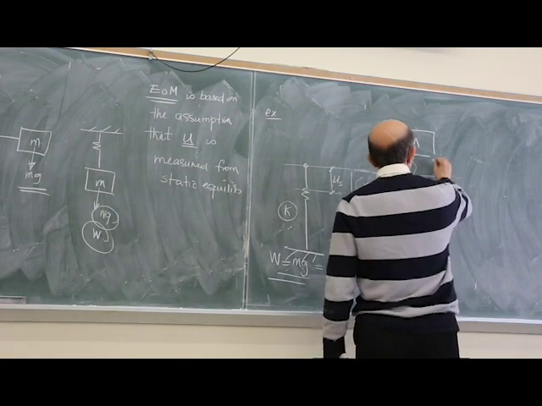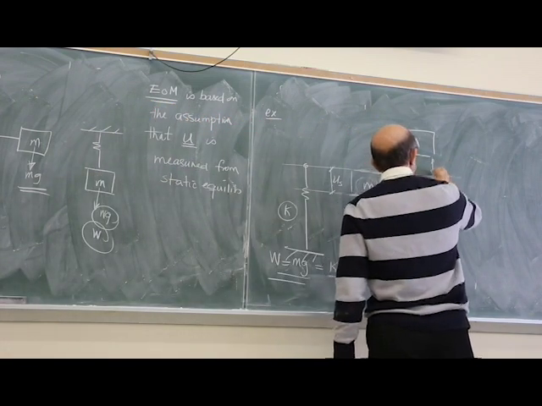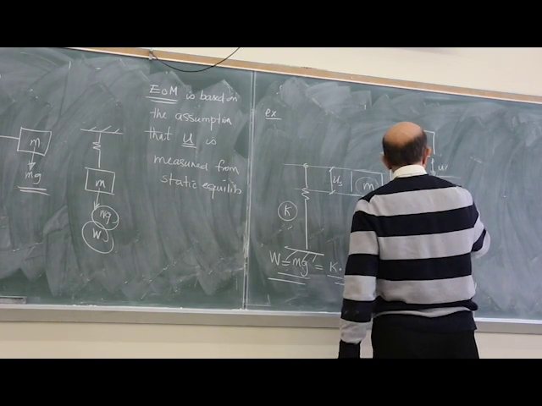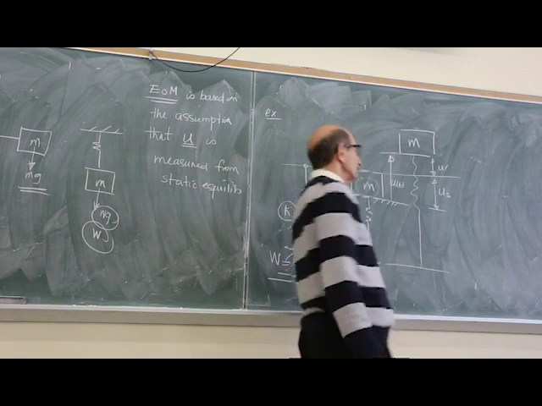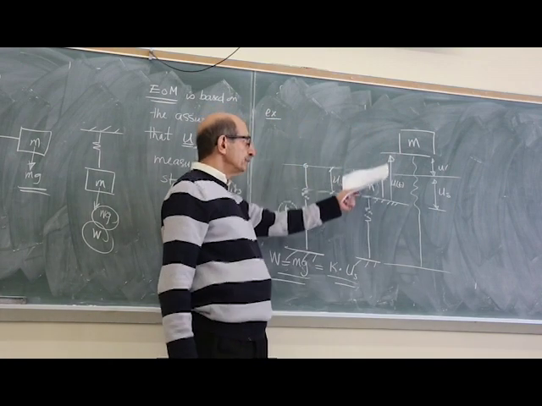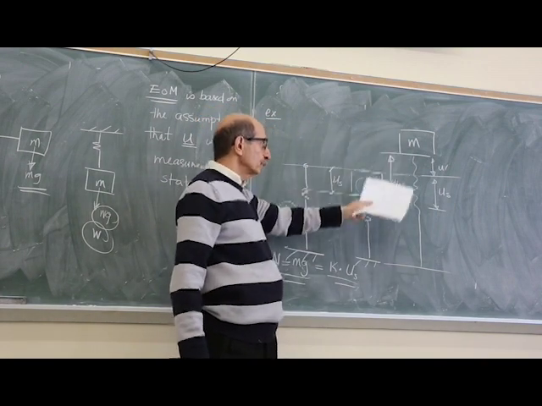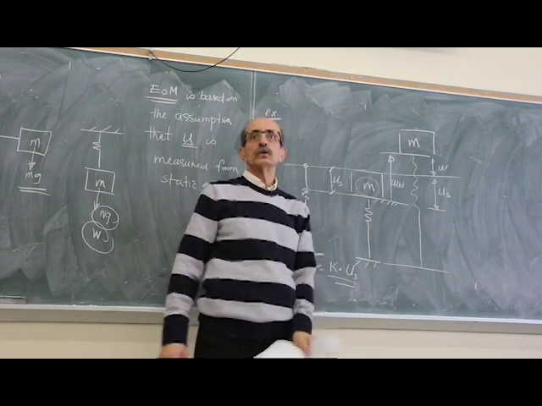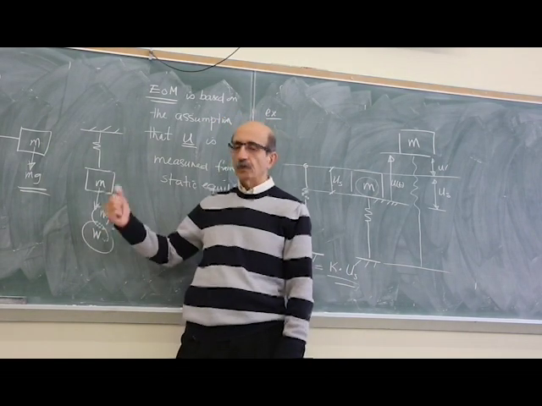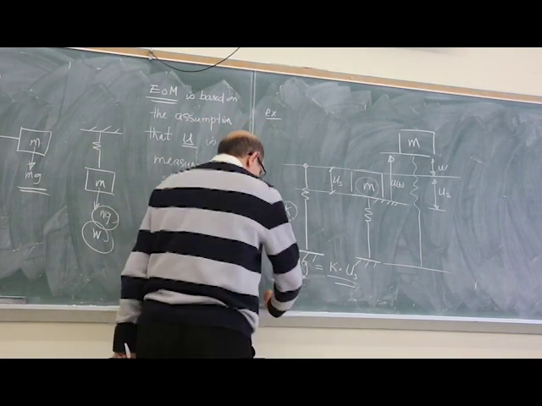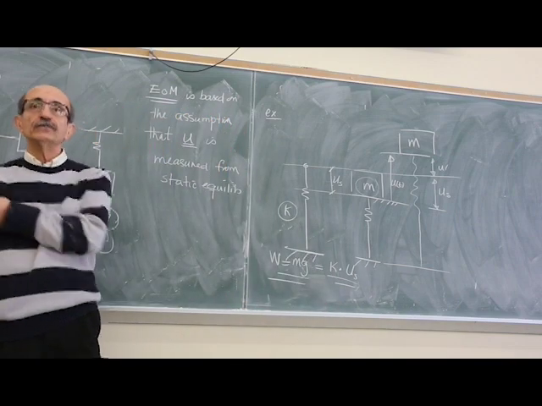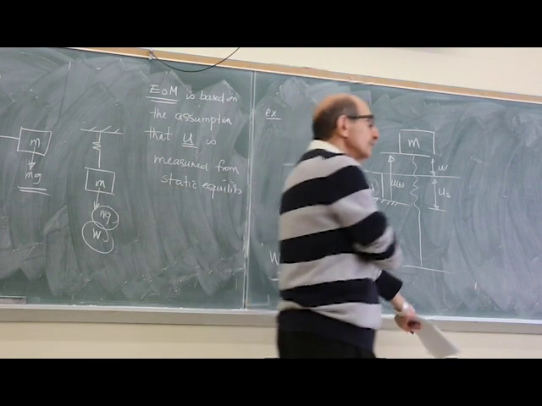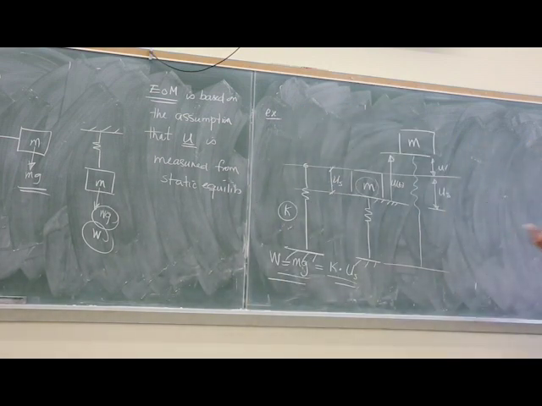In other words, if this is, say, u prime, this is u sub s, okay? And if you derive this equation of motion with respect to static equilibrium, that doesn't show up. We'll see. Which is always the case. We always look at the vibration measured with respect to the reference point being the static equilibrium.